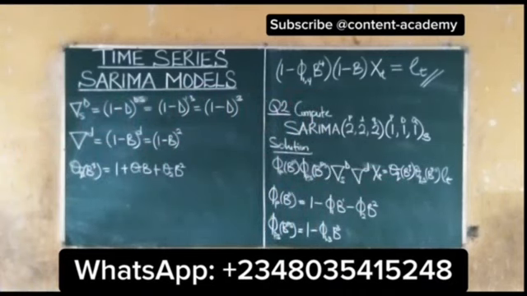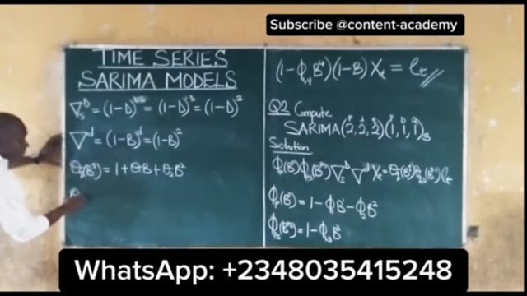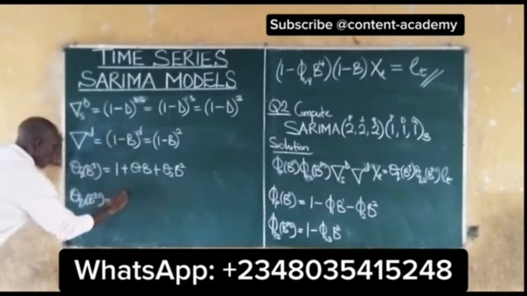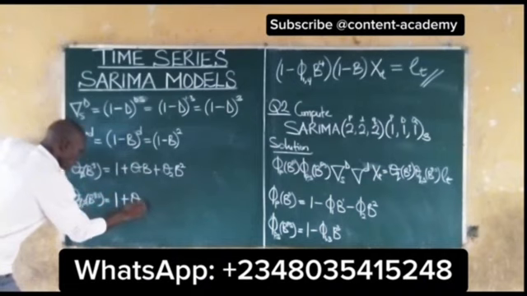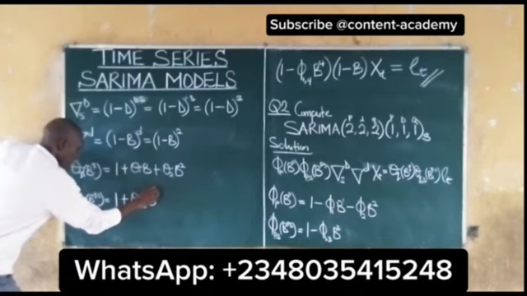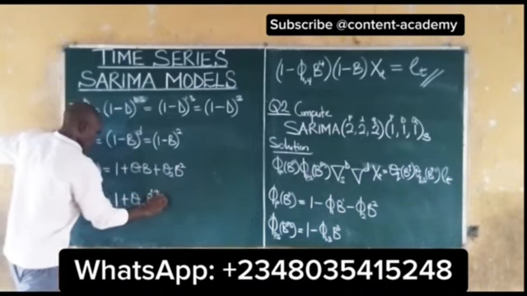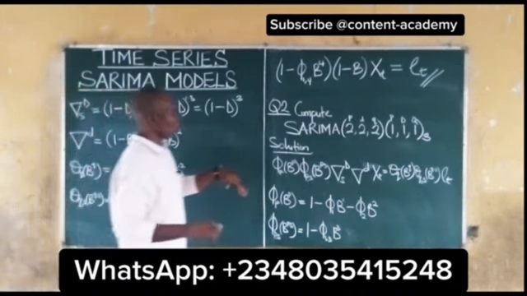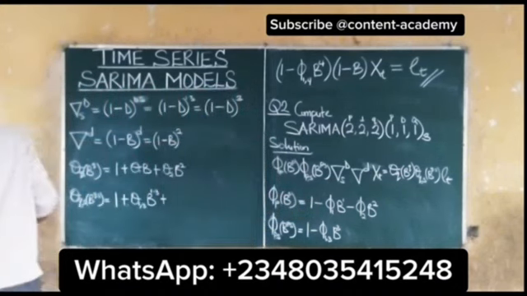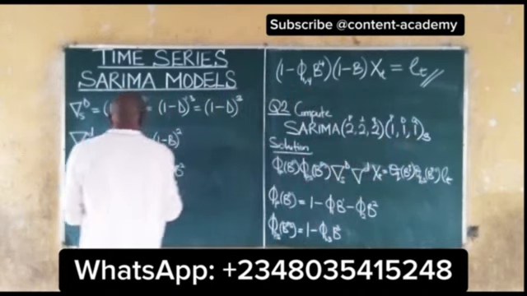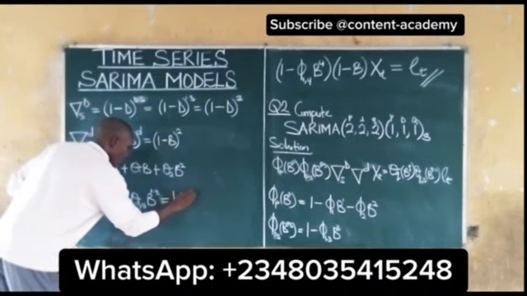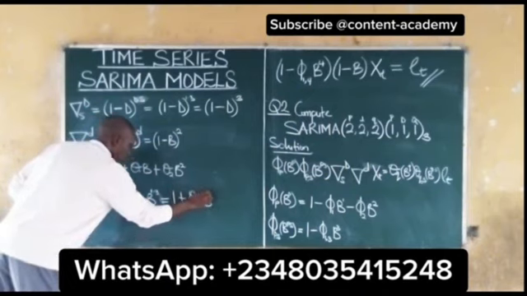The seasonal moving average part, we have it to be theta q comma s, B^(qs), to be equal to 1 plus theta 1 comma 3, B 1 multiplied by 3, which is just 1. So we have it to be 1 plus theta 1 comma 3 B raised to the power of 3.